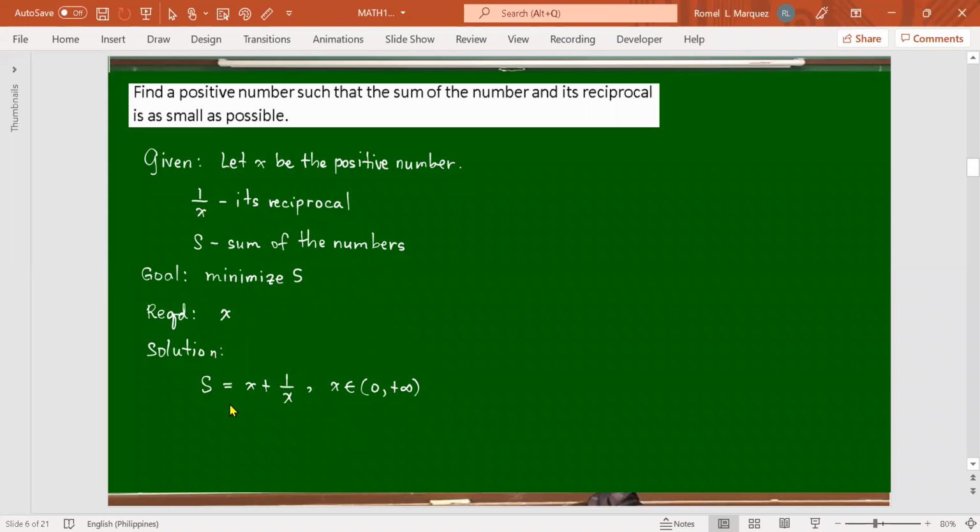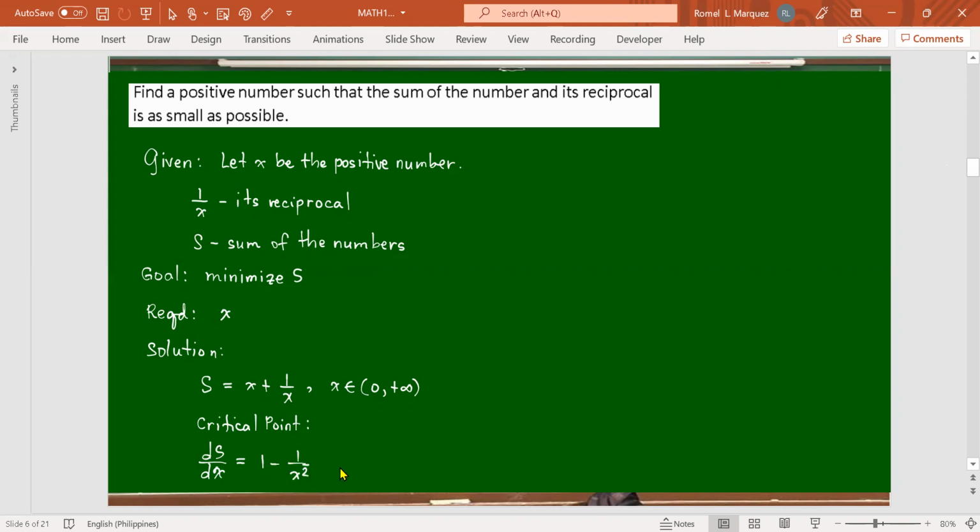So let's now get the critical number, or the critical point. For the critical point, we have the derivative of S with respect to X equal to 1 minus 1 over X squared.